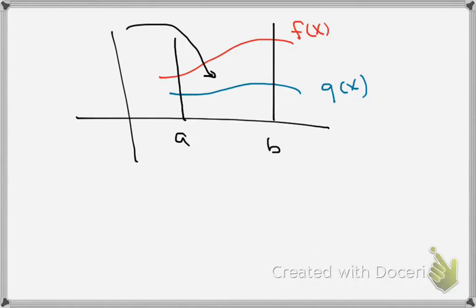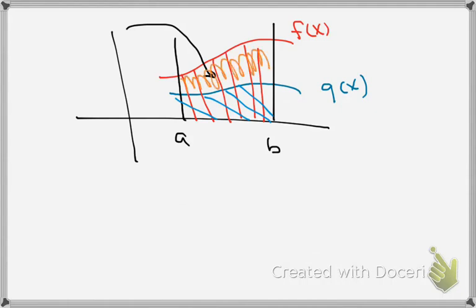So let's think about this. It's almost like saying, well, what if I found the area underneath the red function, which would be all of that, and then I found the area underneath the blue function, which would be all of this, and I subtracted those two values. If I subtracted those two values, then what I'd be left with is this stuff in the orange, right?